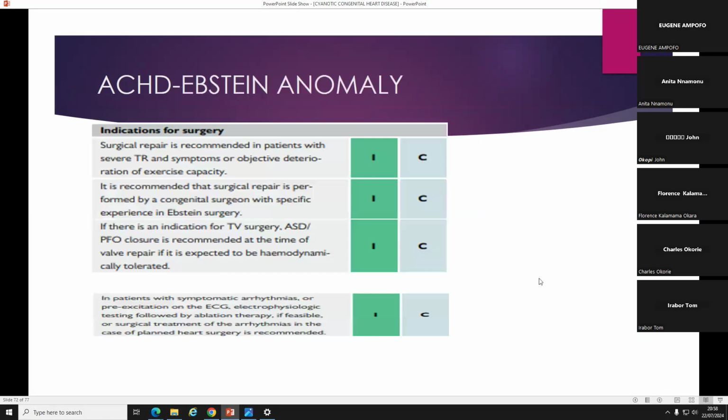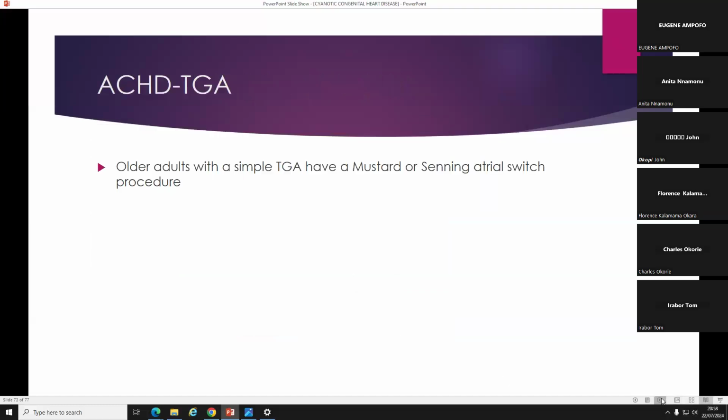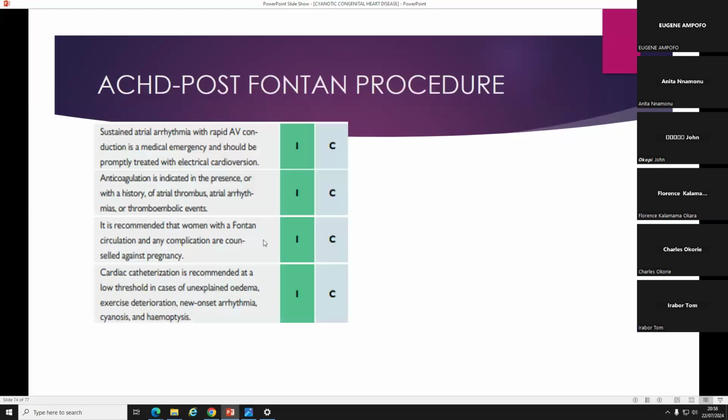For Epstein anomaly, surgical repair is recommended in patients with severe tricuspid regurgitation or objective deterioration in effort tolerance. Okay. And then for those who have survived the Fontan procedure, they present in adulthood.